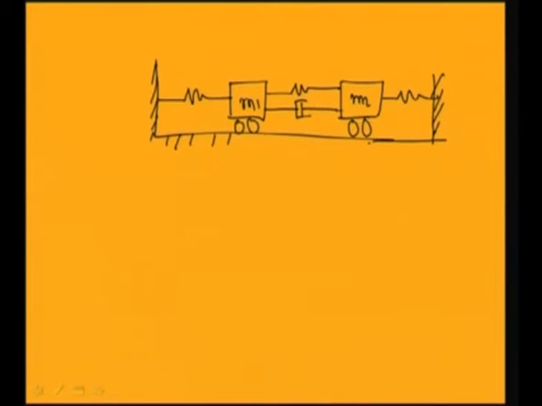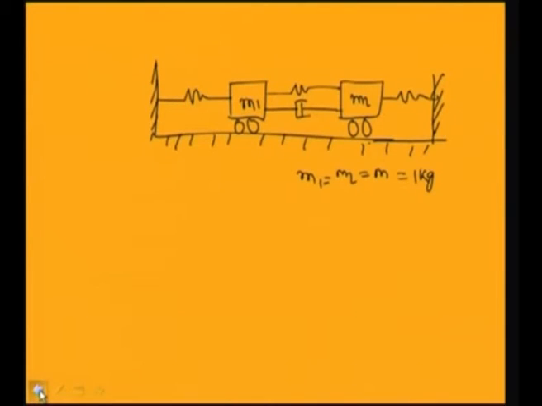So let us study the free vibration of the system, where M1 equal to M2 equal to M. Let me take it equal to 1 kg, and then this is K1, this is K2, this is C2, this is K3. So I am taking C1 equal to C3 equal to 0 in the previous example.